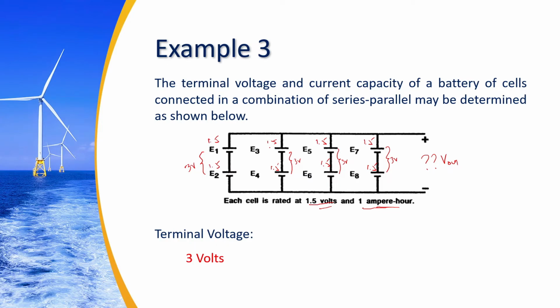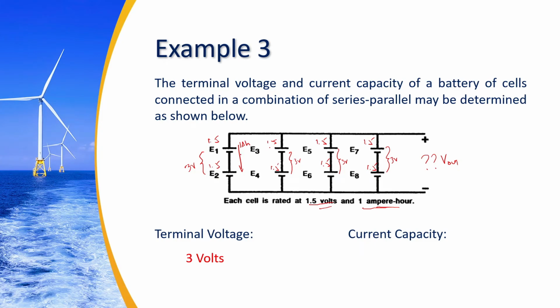Okay? So ano naman yung current capacity mo? So kapag series, di ba, pag series, equal lang ang current capacity. So, current capacity dito sa E1 equal lang sa current capacity ng E2. So, therefore, kapag nakaseries sila, meron kang current dyan na 1 ampere hour lang.